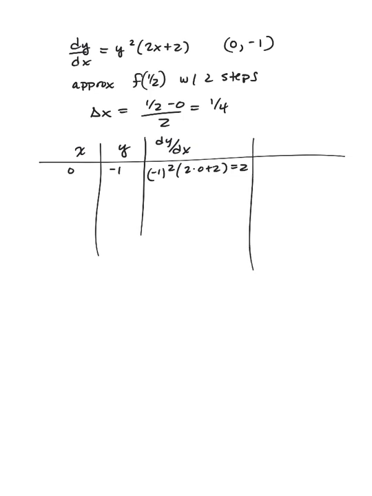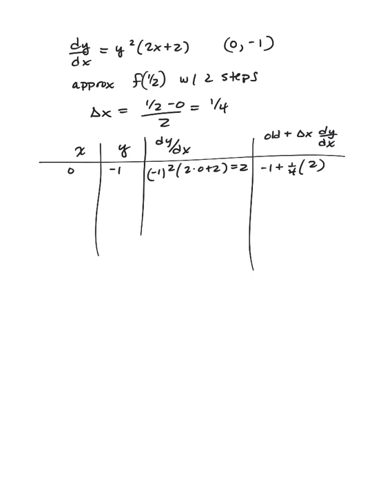Okay, so now my new y is going to be my old y, so my old y is -1 plus, so I have old plus delta x times dy/dx, 1/4 times dy/dx.